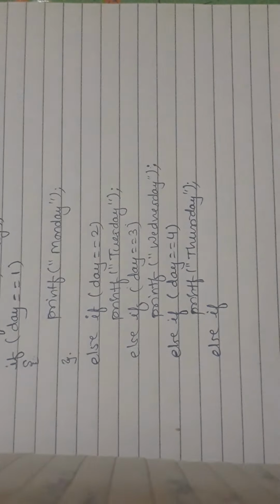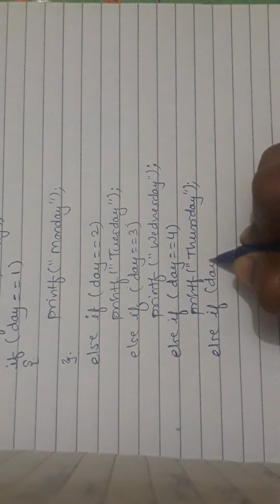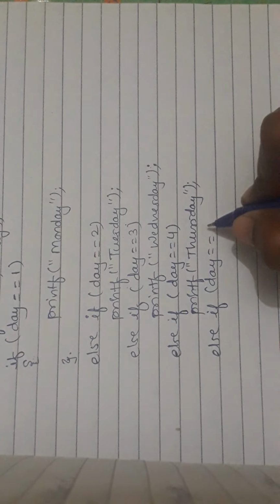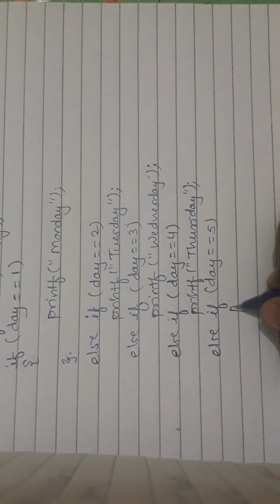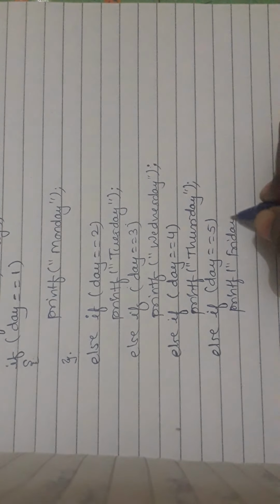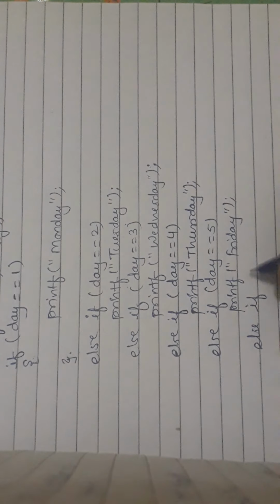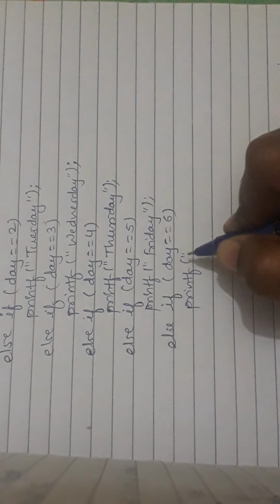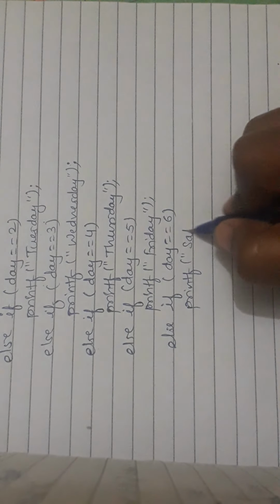Else if the value of day is equal to 5, then it will print Friday. Else if day is equal to 6, then it will print Saturday.